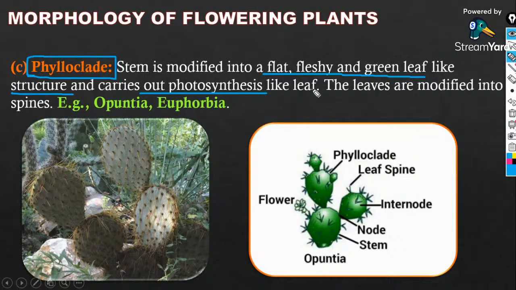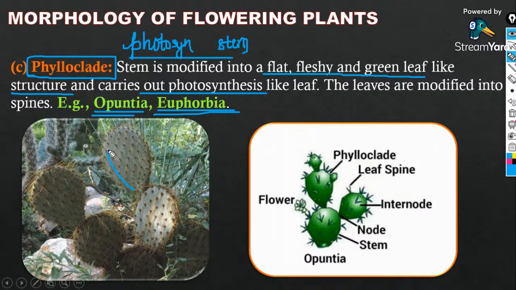Phylloclade is a photosynthetic stem. They are found in Opuntia and Euphorbia. Very, very important.